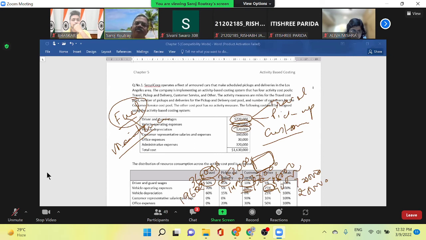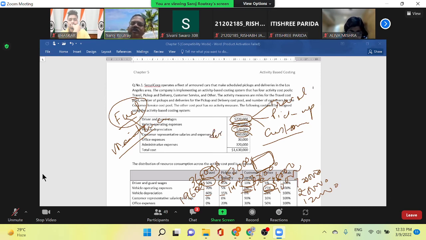Vehicle depreciation 1,20,000. So that 1,20,000 you divide it among vehicle depreciation, 60% traveling, 15% here, 25% other. Okay. Customer representative salary means your receptionist.